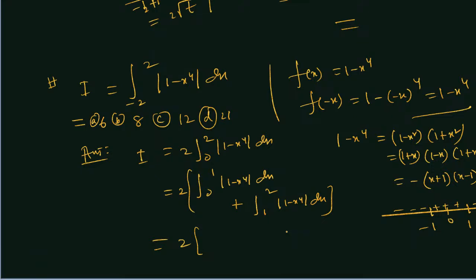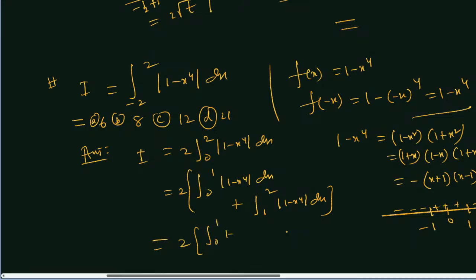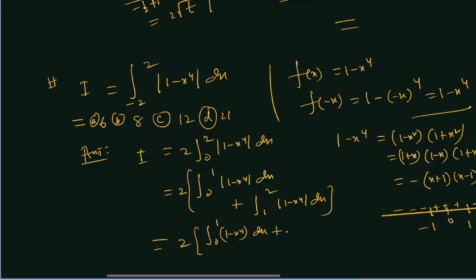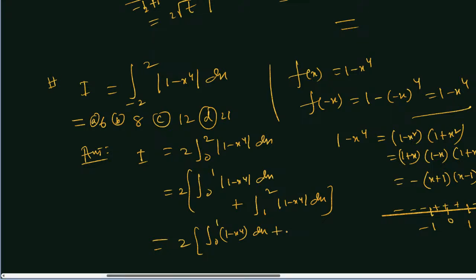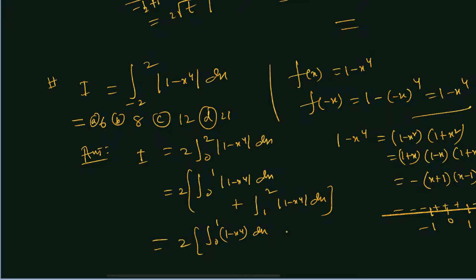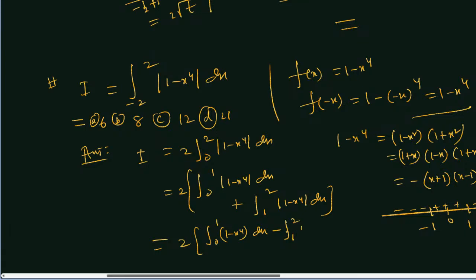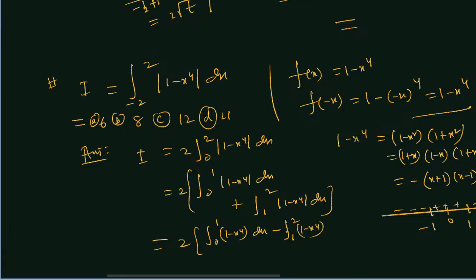So you just write it, and the whole 1 minus x^4 is negative over there if it is from 1 to 2. So minus integral 1 to 2.